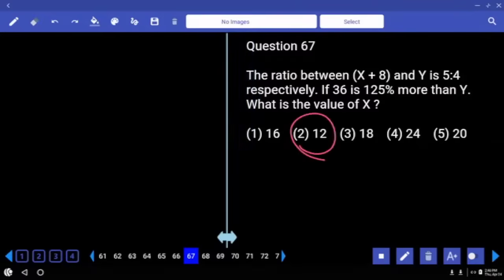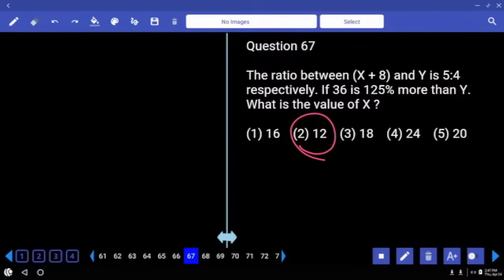ఇది 36 is 125% more than y. If it is 125% more, it will be 225%. Come on. మీ శాలరీ నా శాలరీ కంటే 100% ఎక్కువ. నాకు 10,000 అయితే మీకెంత? కమాన్ 200% కదా క్యాలిక్యులేట్ చేస్తున్నారు.